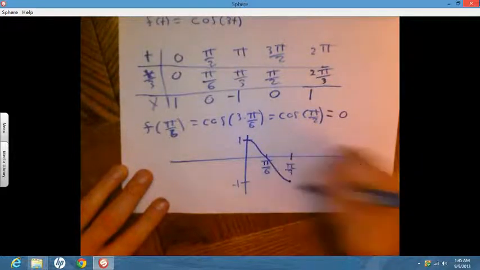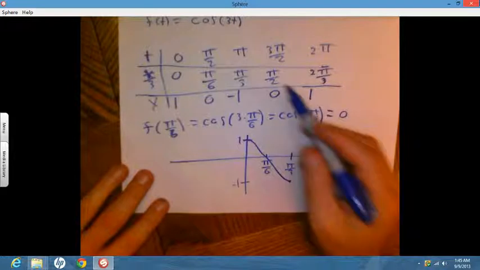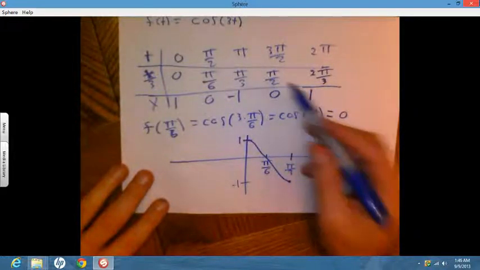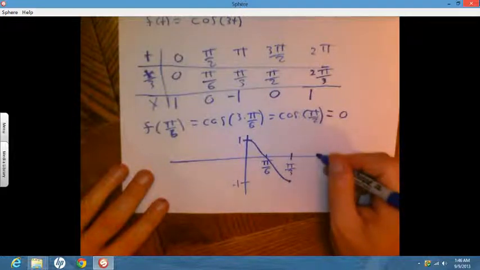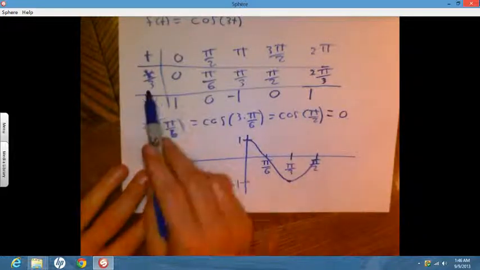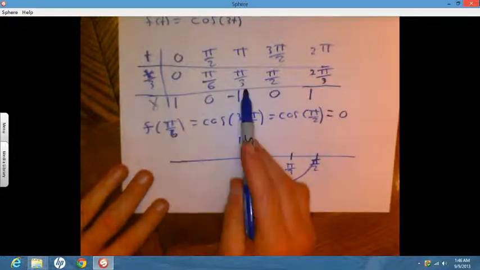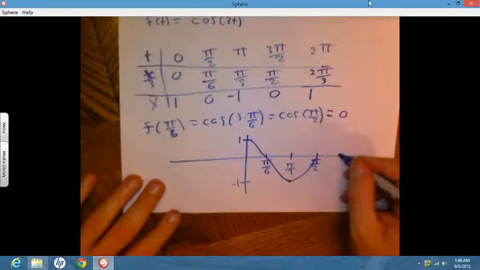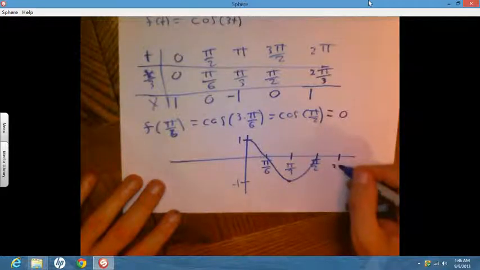And at pi over 2, where the cosine would be 1, it's already up to 0 again. Again, what I'm doing is I'm plotting the pi over 3s. And last, at 270 degrees, or 2 pi over 3, the value of the function is 1.